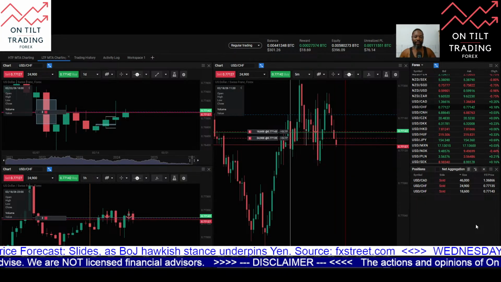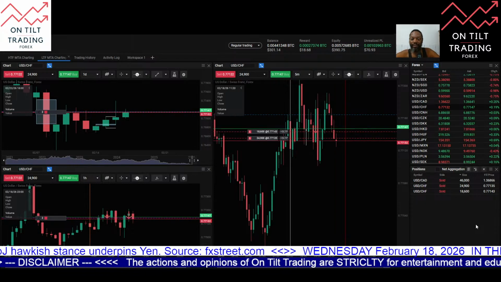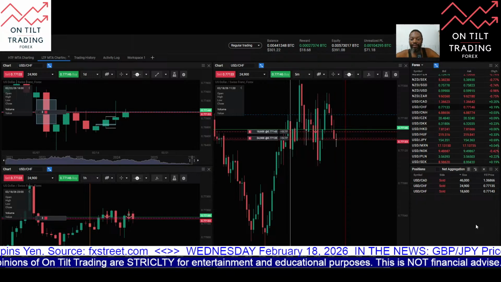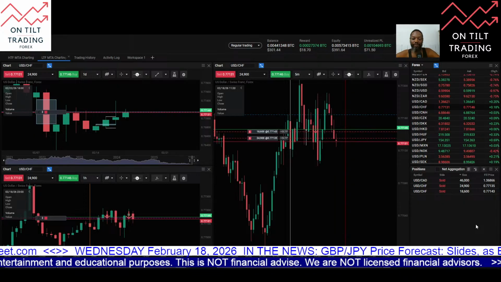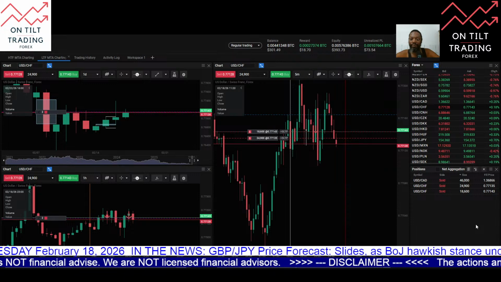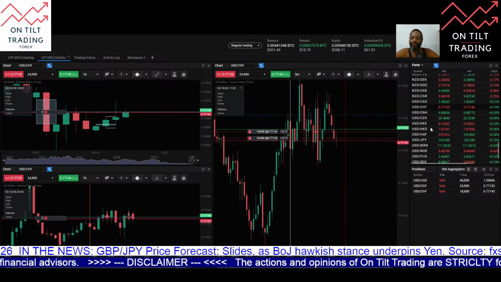I don't trust price action until it delivers to take profit. Until then, it is still within the realm of possibilities for price to reverse and come and stop me out. But this is the type of price action that I would want to see for continued sell side delivery here.